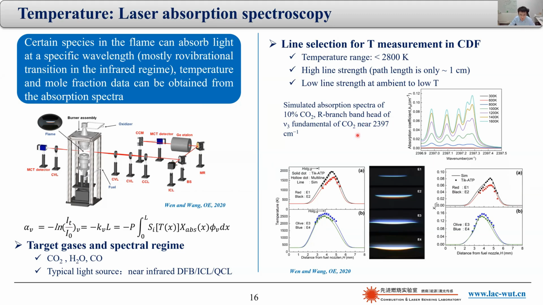If you look at this simulated spectra, you can see this choice is quite good because it has very high line strength at high temperatures, but very low line strength at ambient temperatures. The reason why we need this is, if you look at this plot, the beam has to transmit in free space for quite some distance before it reaches the flame. So you don't want absorption in this region, and you only want absorption in the high temperature region. And that's why we choose this type of absorption features.